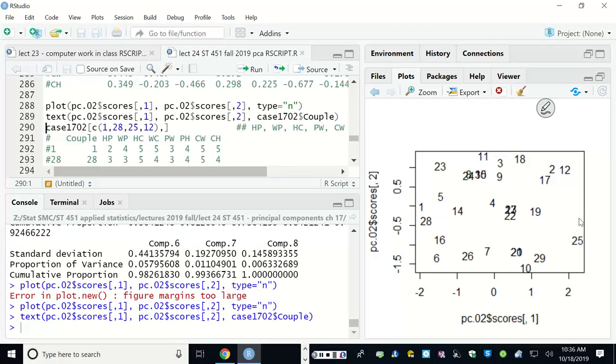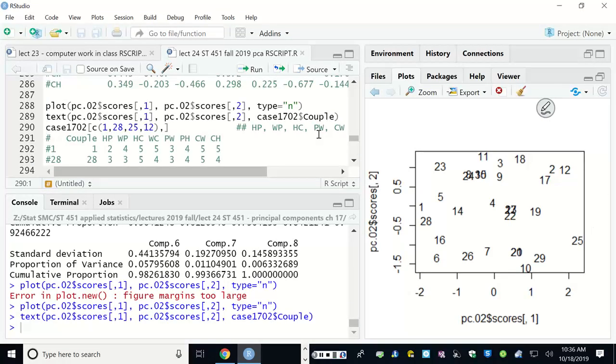These are the first two principal components. So it's 2 dimensions instead of 8. And so some couples stand out. If there were big gaps in separation, maybe you get clusters, but it looks more like a continuous map. It's hard to say that there's a group over here and a group over here. It's just kind of all over the place, which is interesting, that there can be gradations.